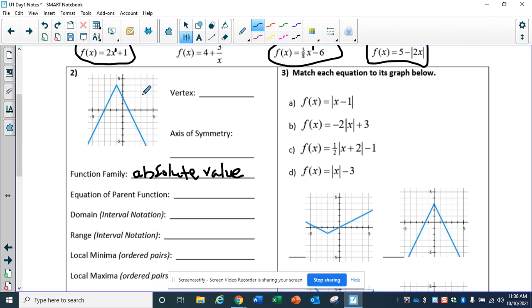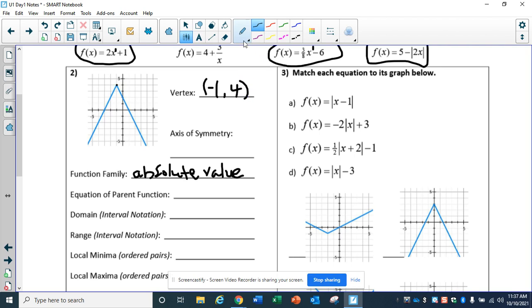So the vertex, we know, is the top of the V, or wherever the top is. It could be the highest point or it could be the lowest point. Okay, and so in this one, it's -1, 4.